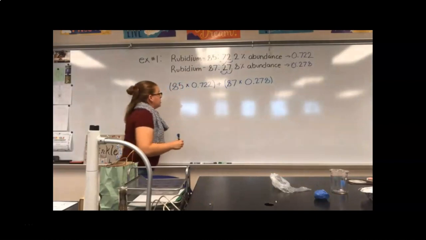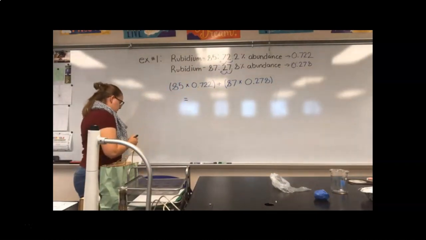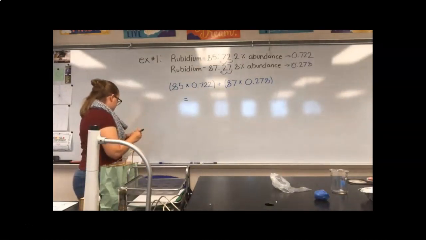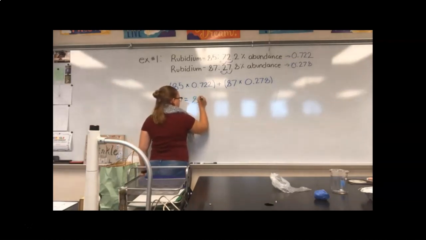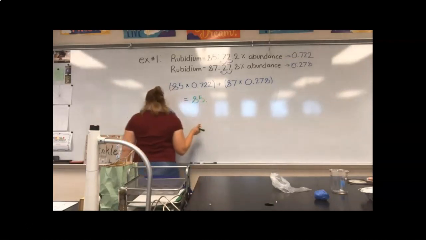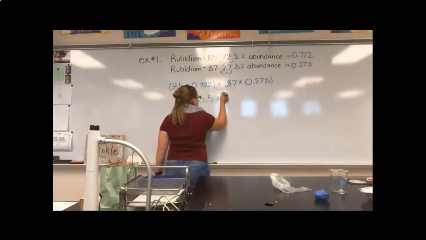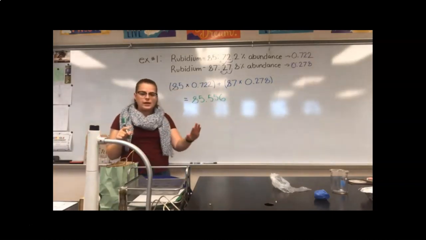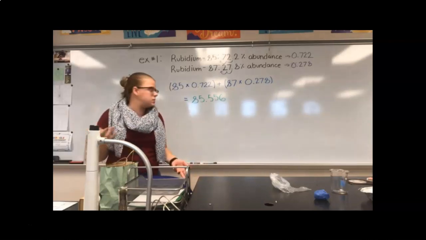Go ahead and plug that into your calculator. And then what you're going to get once you plug it into your calculator is 85.556. And again, in chemistry, all your answer numbers need to have a unit. If you don't give me a unit, you're not going to get points.